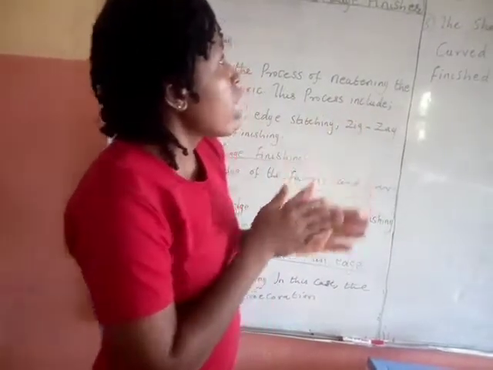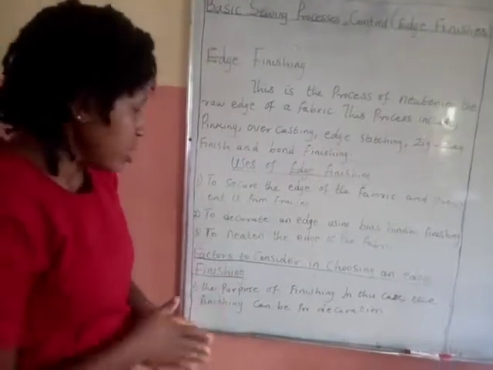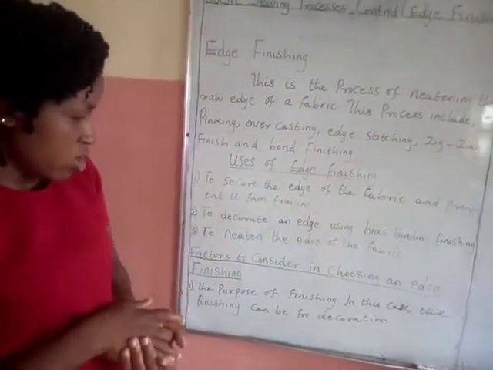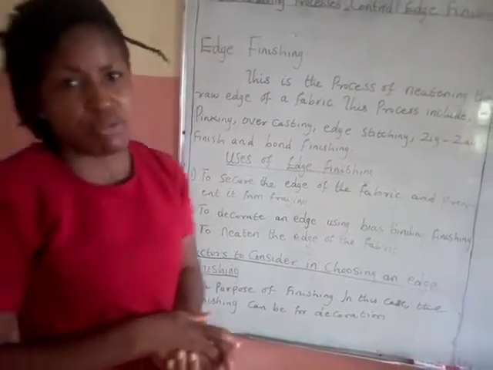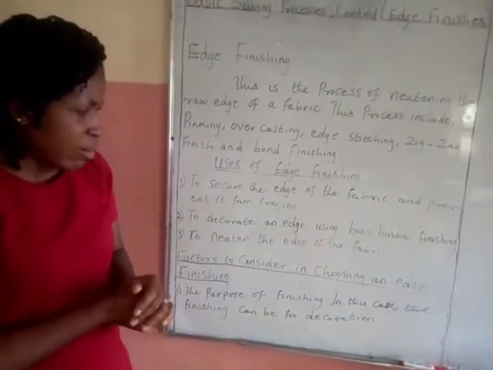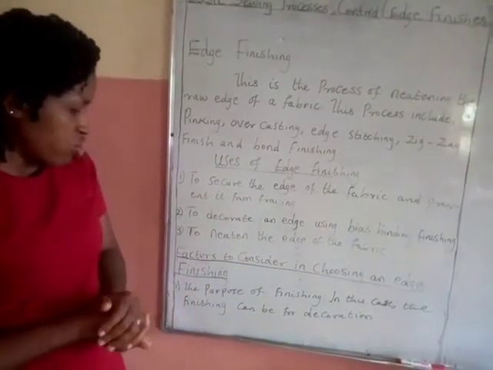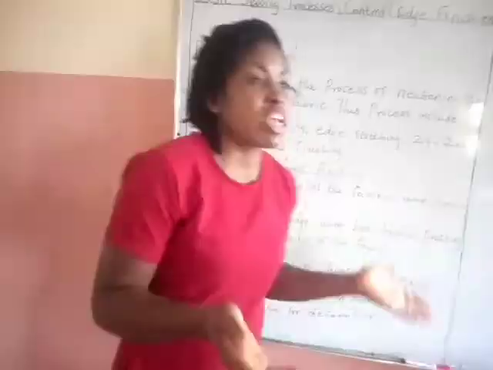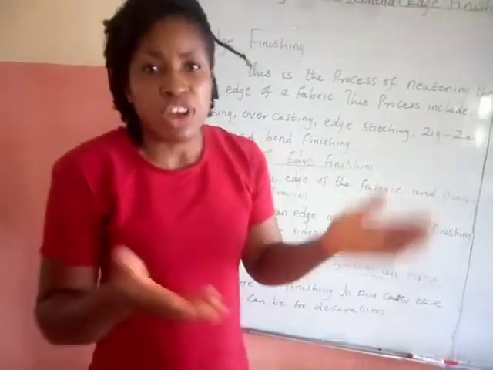Okay, so let's look at factors to consider in choosing an edge finish. Number one, you have to consider the purpose of the finishing. What is your purpose? How do you want the material to look? Now, in the case of finishing, some finishing can be used as a form of decoration.